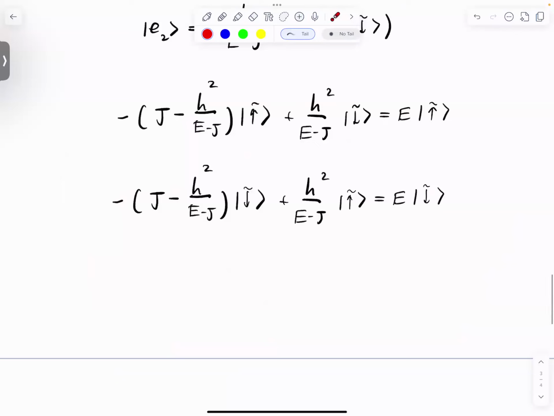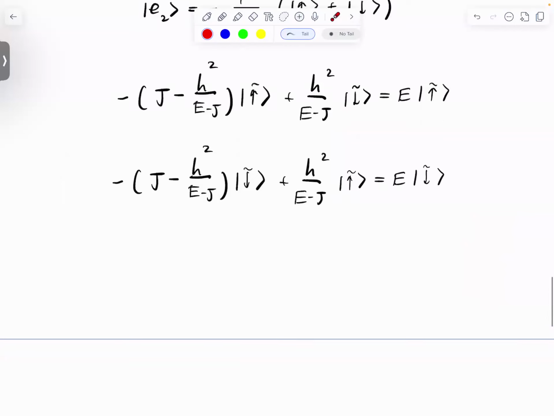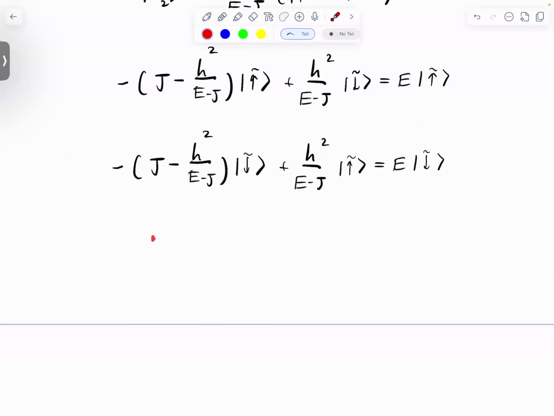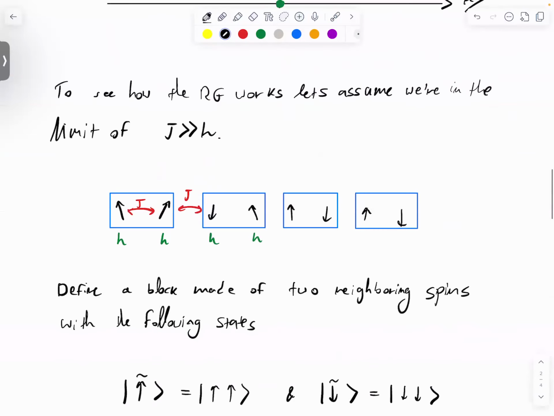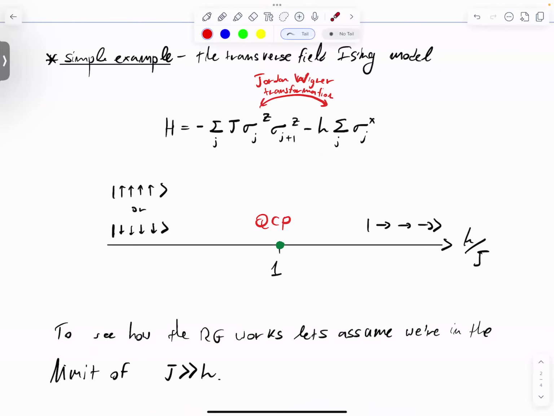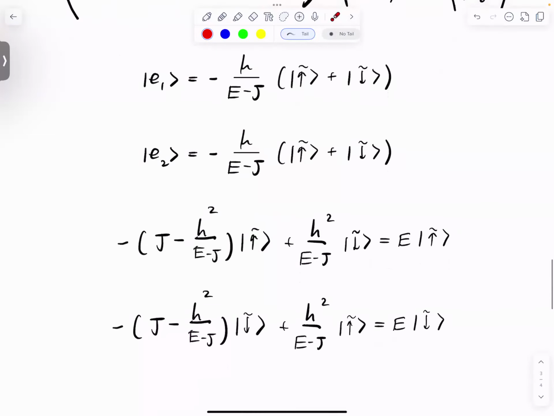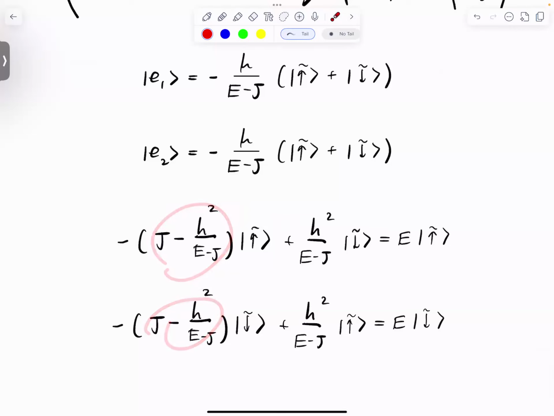Now, what you see here, basically, is a new local Hamiltonian. Let me first go back to this theory for a moment. This theory has two types of terms: terms that connect neighboring sites, and the local Hamiltonian term. Because this term and this term are degenerate, they actually only shift the energy.